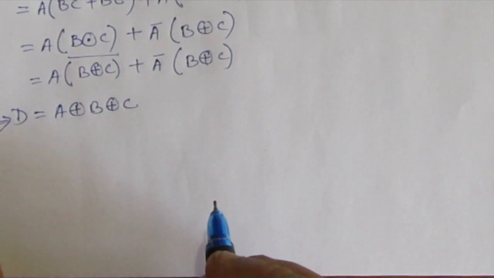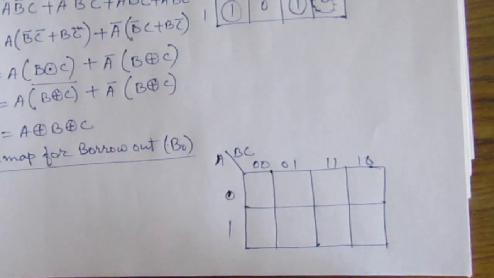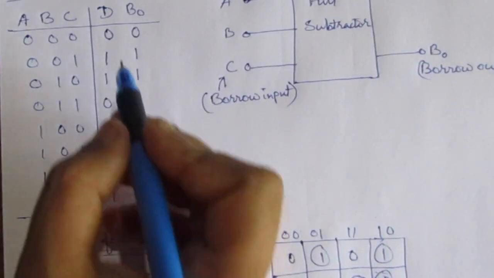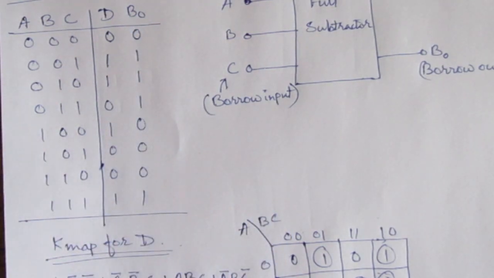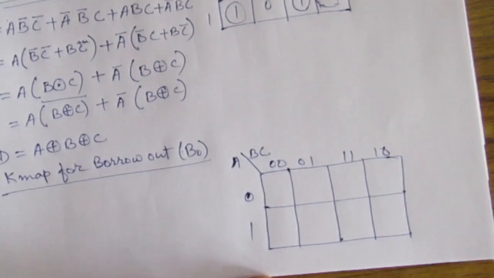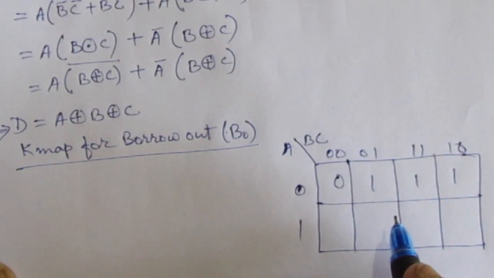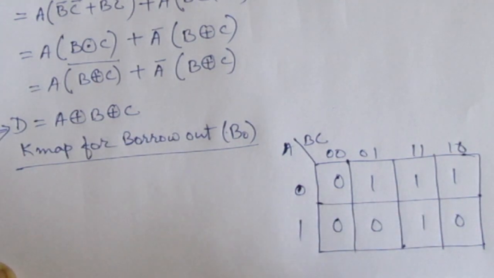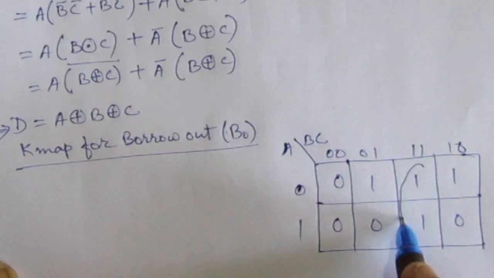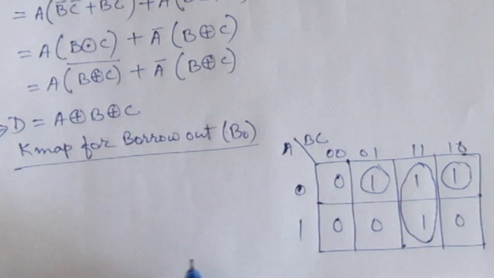Now let us find the K-map for the borrow out. We put the borrow values in the K-map: 0 1 1 1 and 0 0 0 1. We group them like this.